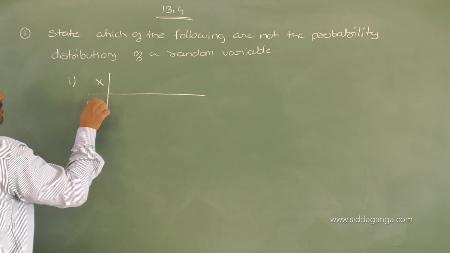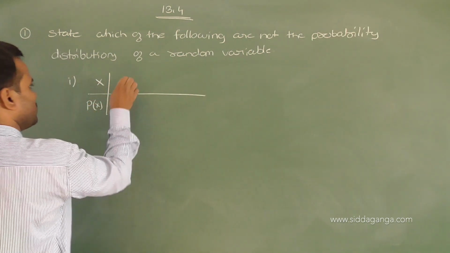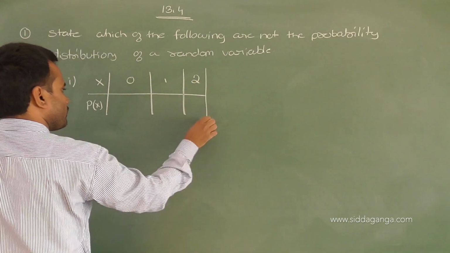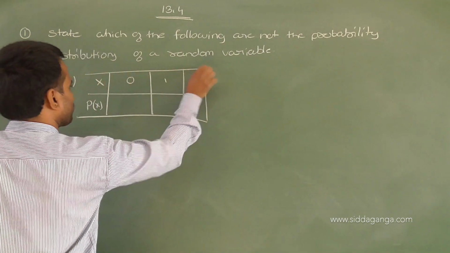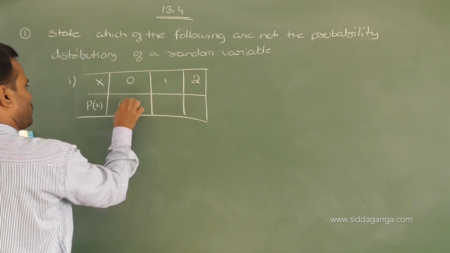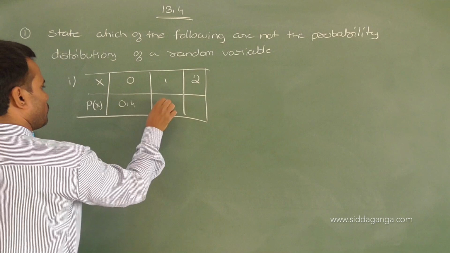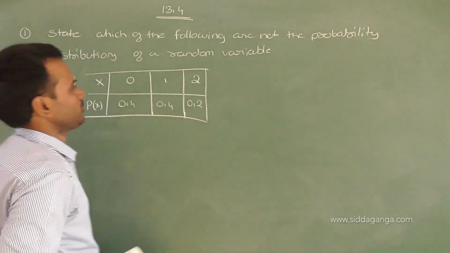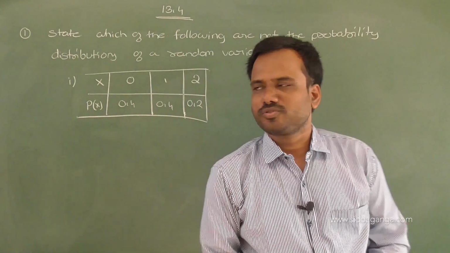X, P of X has given 0, 1, 2: 0.4, 0.4, 0.2.